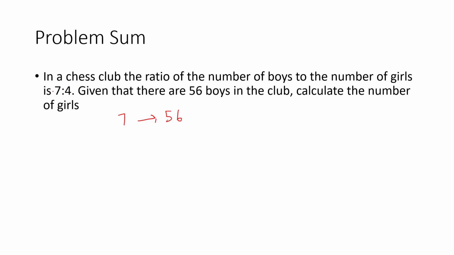So as you can see, this is like 7 unit is to 4 unit. So instead of writing this, you can write 7u. Now, if you want to spell unit, you can go ahead and write 7 unit. But since you have learned algebra, then just write 7u is equals to 56 boys, because these 7 units belong to the boys.